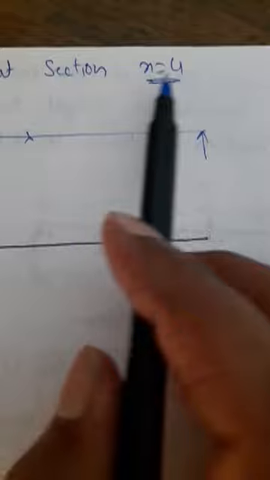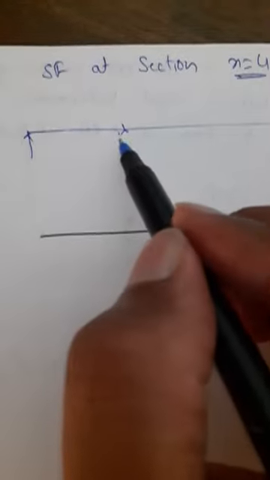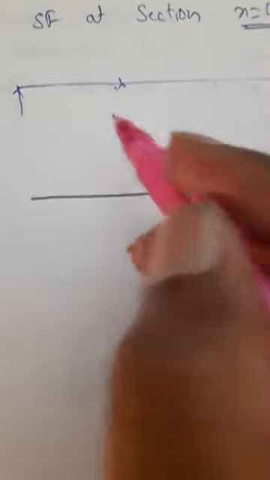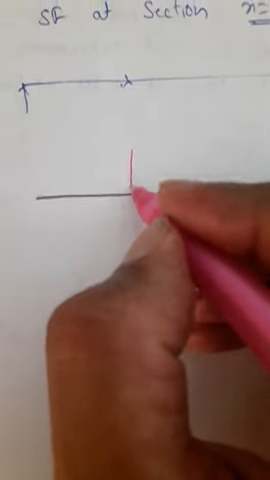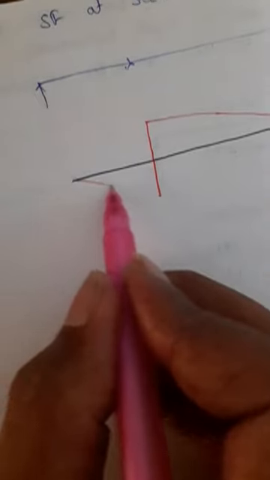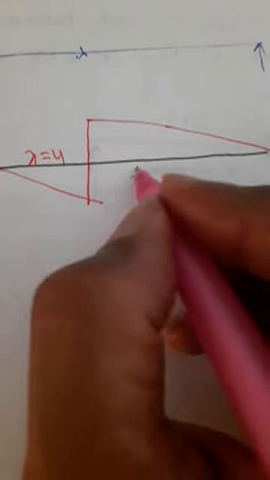Next, I need to calculate shear force at section x is equal to 4. So mark that point, x is equal to 4 here, A, B. Now, as you know, standard diagram for shear force is like this. Here this is x is equal to 4, L minus x is equal to 8.